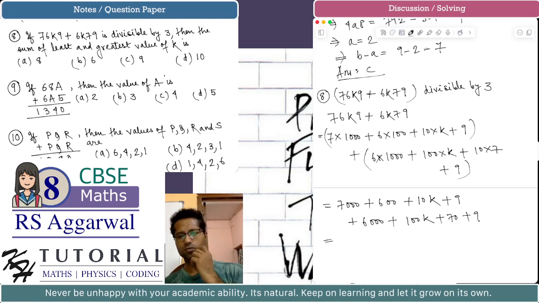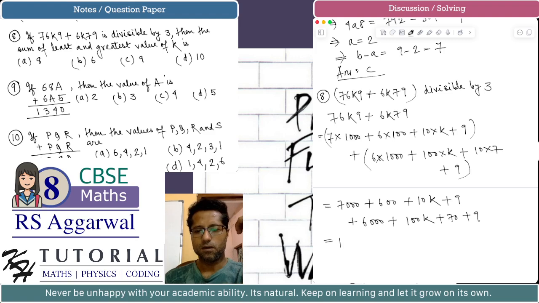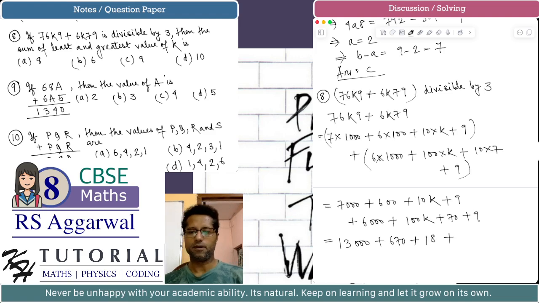After further simplification, 7000 plus 6000 is 13,000, plus 600 plus 70 is 670, and 9 plus 9 is 18, and we have 100k plus 10k, that is 110k.